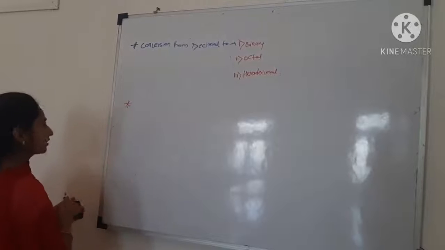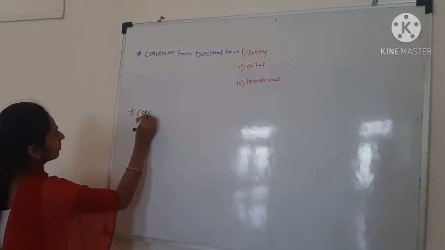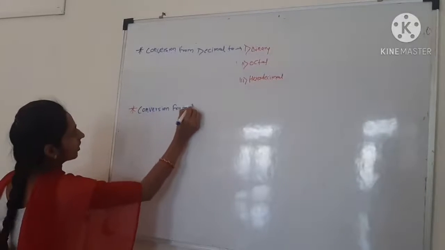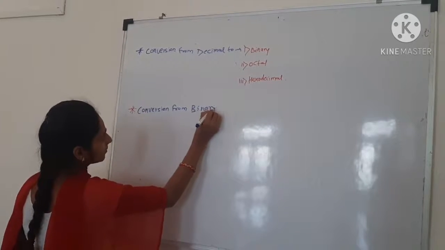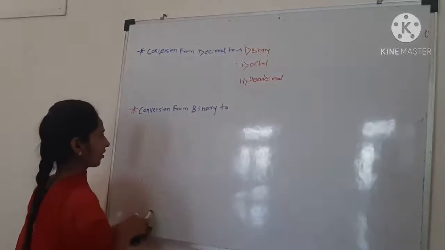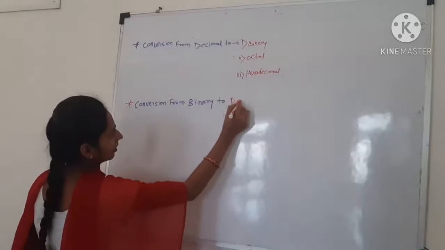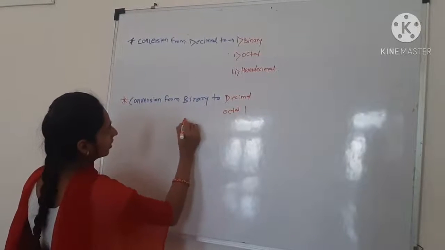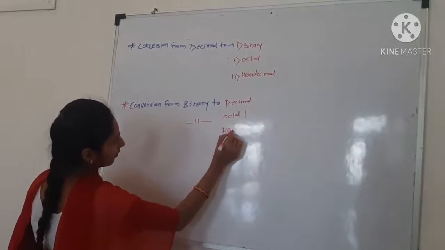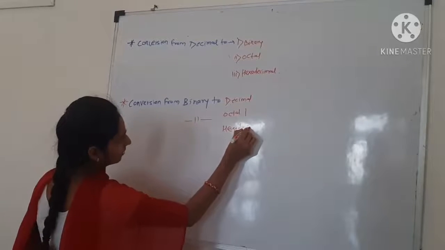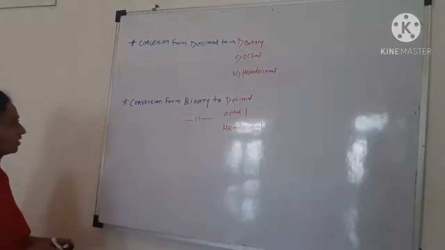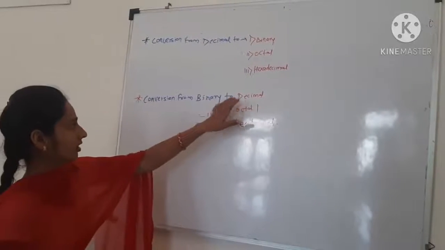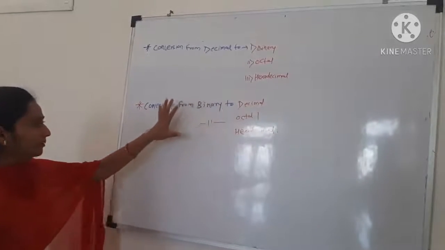Next we saw conversion from binary to decimal, octal and hexadecimal. In binary to decimal we do the conversion by multiplying and taking powers of 2.